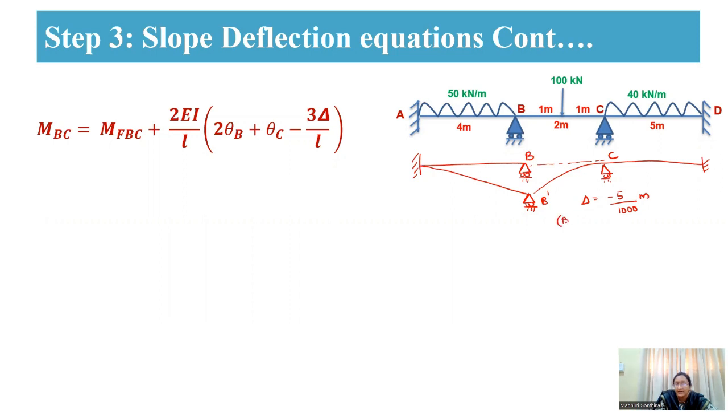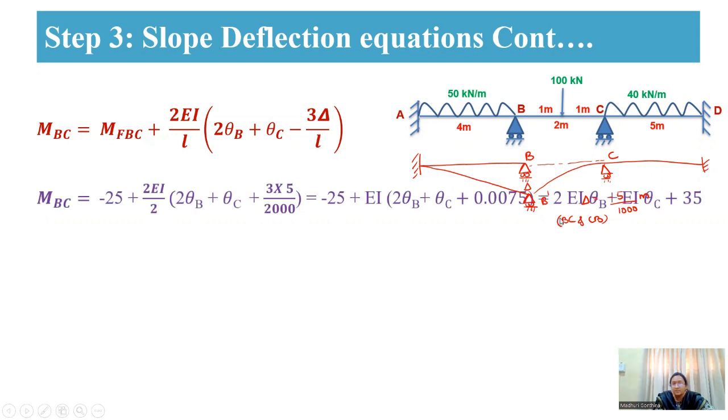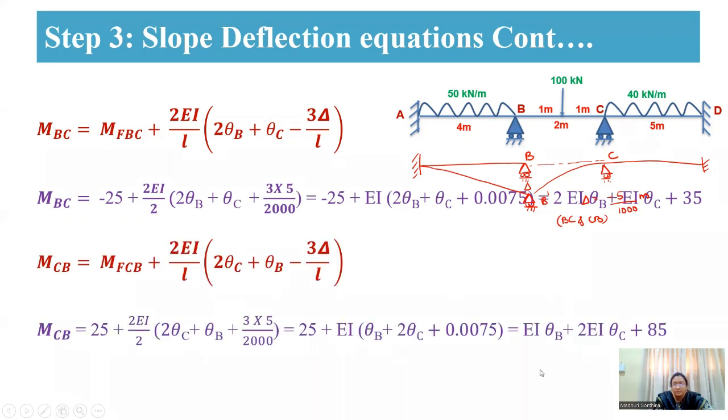Similarly, for BC and CB span, it is a negative displacement. So here this displacement will be negative for BC and CB. So you're going to substitute the negative value for the delta for the BC span. When we substitute, you're going to get this equation value. And similarly for CB also, when you substitute here, you're going to get the final equation for MCB, which will be like this.